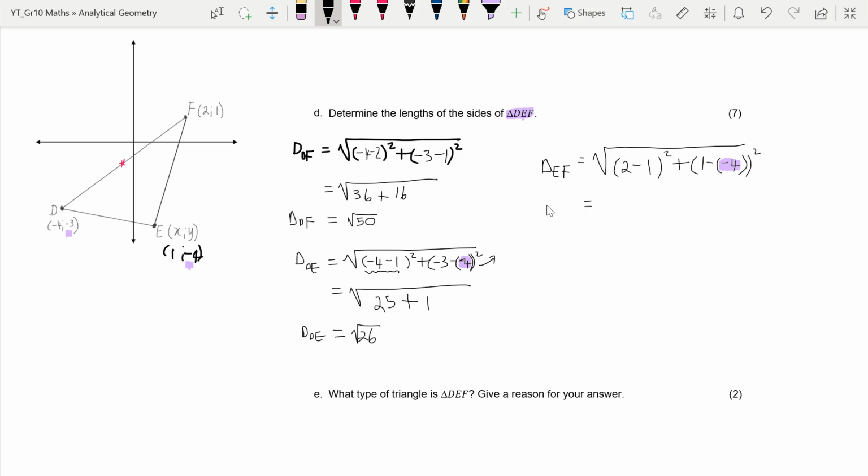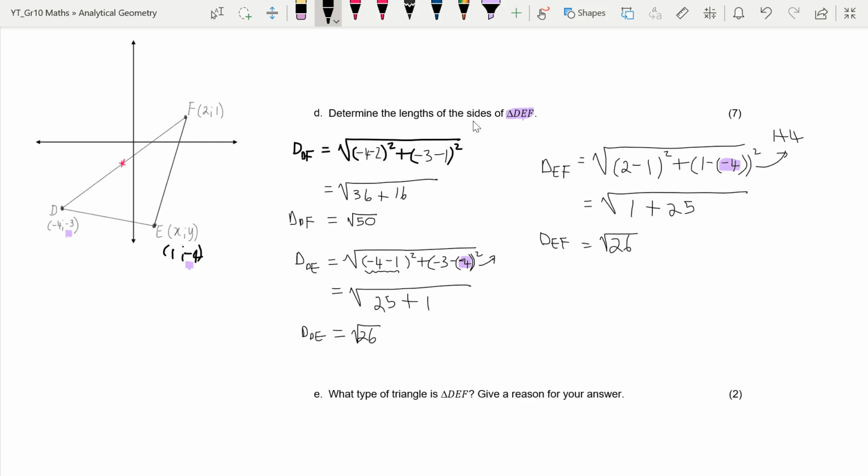The distance of EF. So that would be 2 minus 1, that would just be 1 squared, which is 1. And then plus, if we look at that, it would become 1 plus 4, which would be 5 squared, which is 25. So this one will be the square root of 26.